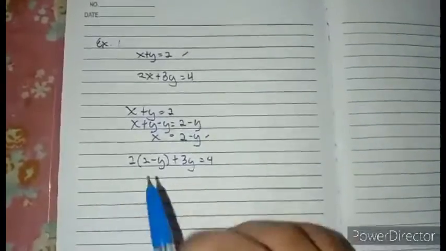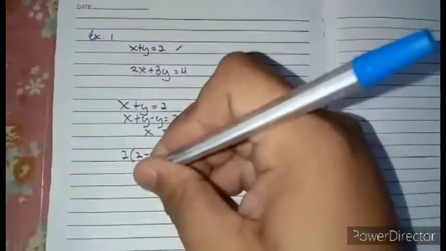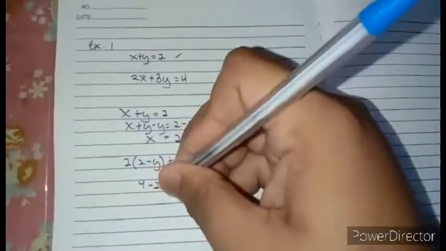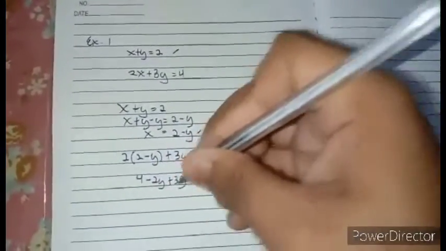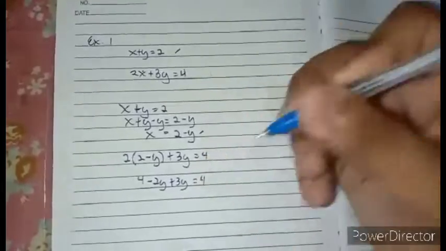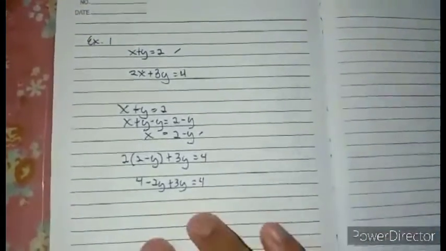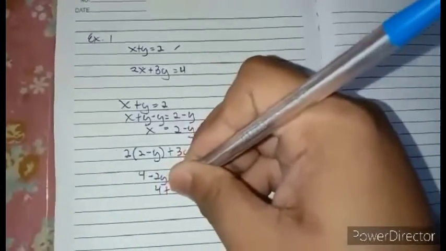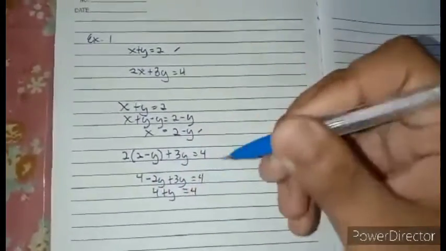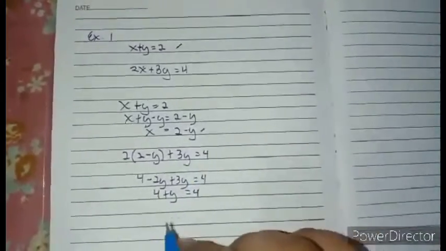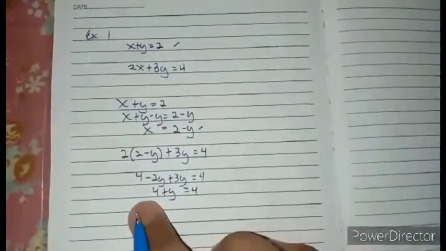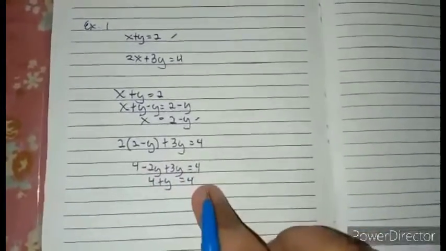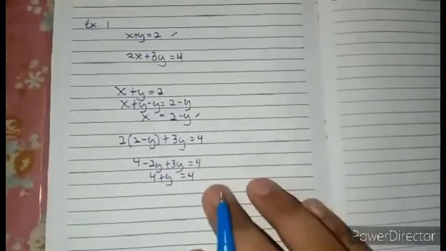By simplifying it, 2 times 2 is 4, and 2 times negative y is negative 2y, plus 3y equals 4. We simplify it, the result will be 4 plus y equals 4.